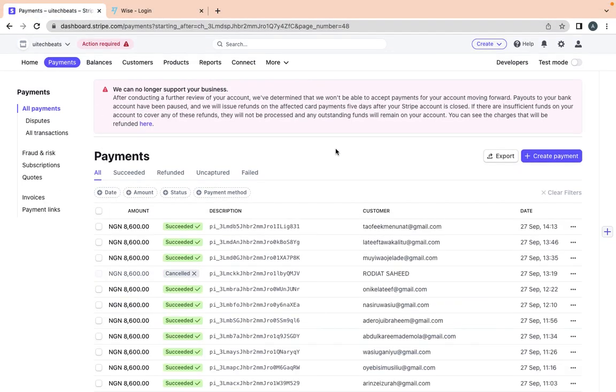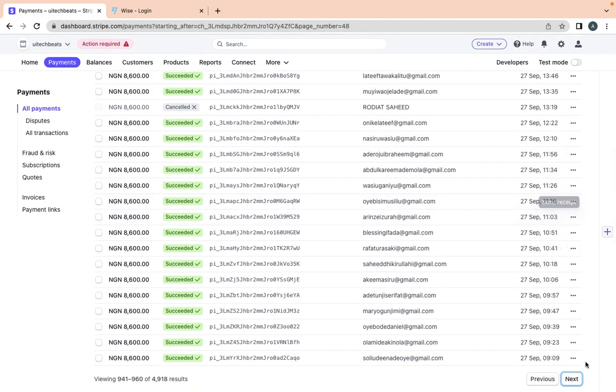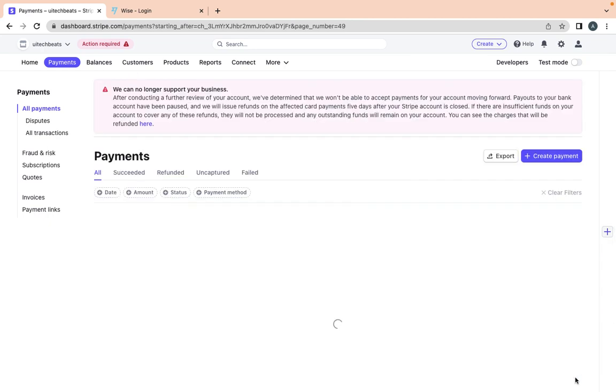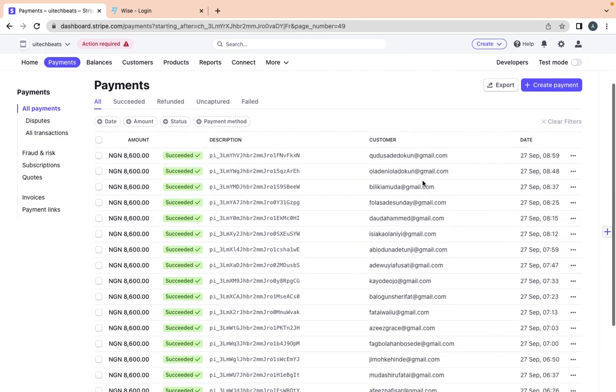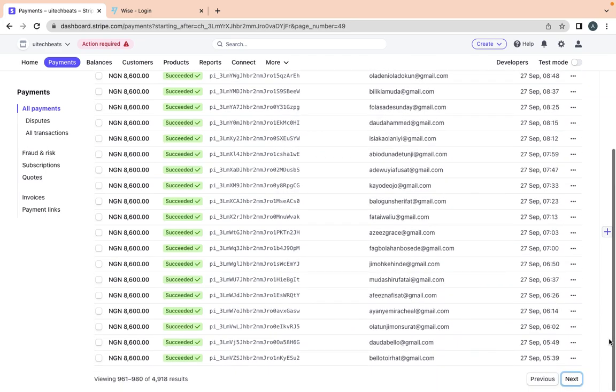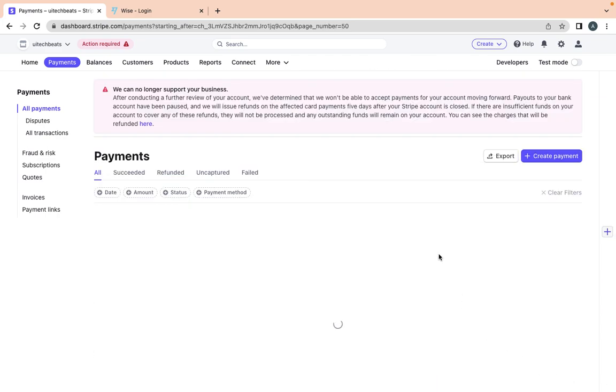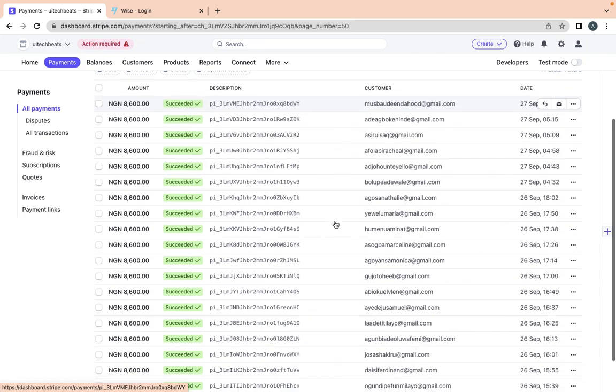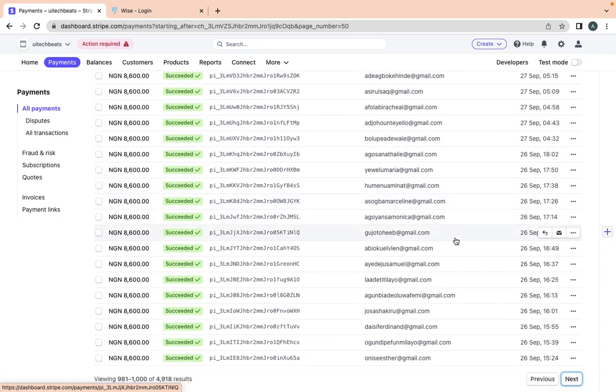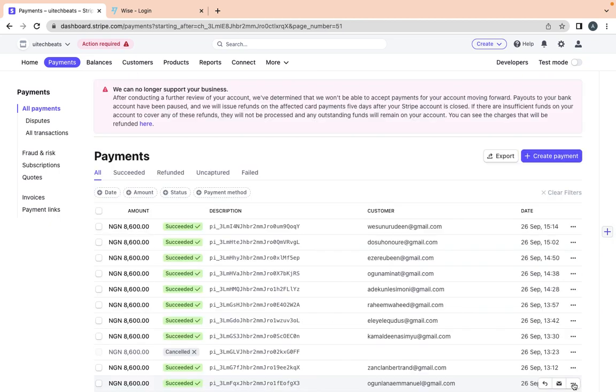The best way for you to register a Stripe account is if you can find someone living in the diaspora, maybe someone in the US or the UK, and tell that person to open a Stripe account for you. I think that's the easiest way. Because if you want to do a business registration, you're going to have to spend money, about $100 or more, or about $80 or more, to get a business registered in the US or UK.